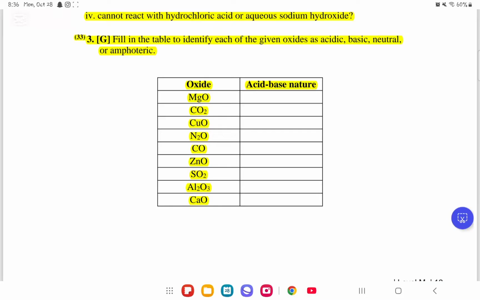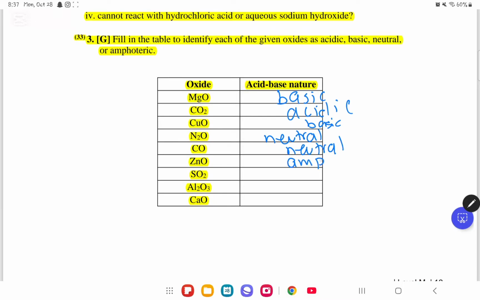First of all, we have a metal plus an oxide, so this is basic. Non-metal plus an oxide, this is acidic. Okay, then we have copper plus an oxide, this is a metal plus an oxide, so it's basic. N2O, you have to memorize that it is neutral. CO is as well neutral.